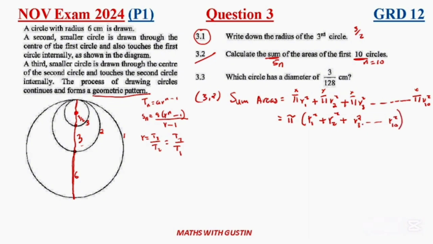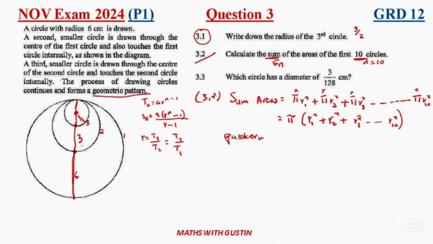There you go. So now if you see there, what are we left with? We're left with that. Let's substitute r and see the type of pattern that is formed.